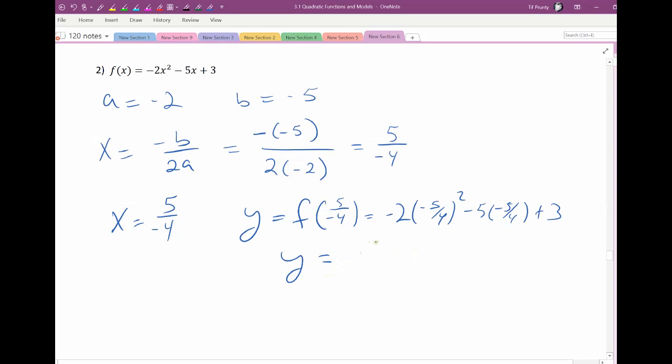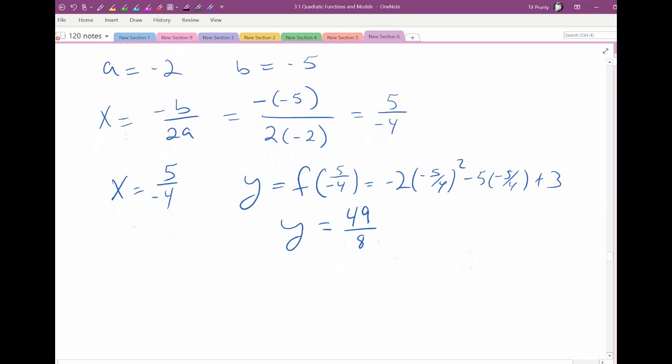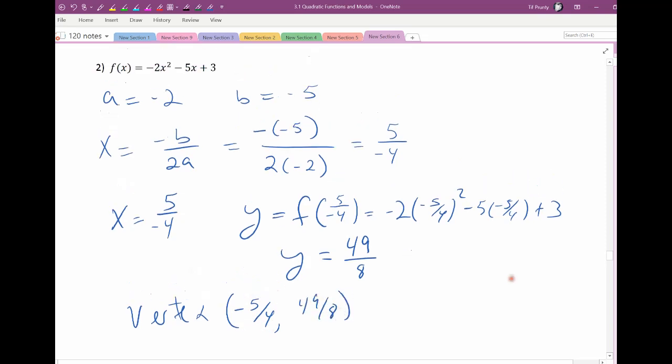I'll leave it in fraction form since it comes out an ugly decimal, so I hit my fraction key. It is the fraction 49 over 8. That's the vertex y value. So my vertex is the point negative 5 fourths, 49 over 8.